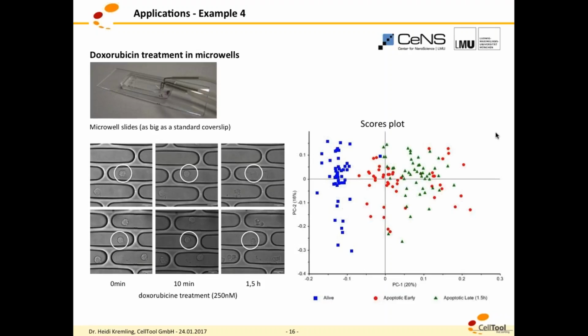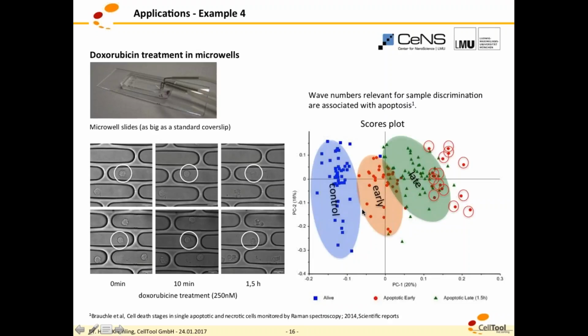Here again you see the scores plot, and you see here the living cells, and then after early apoptotic and late apoptotic cells. And what you see here in this experiment also very well is that it really makes sense to look on a single cell basis, because not all the cells behave the same way.